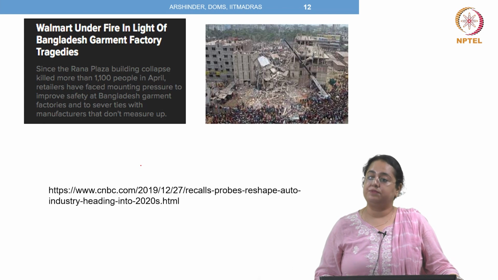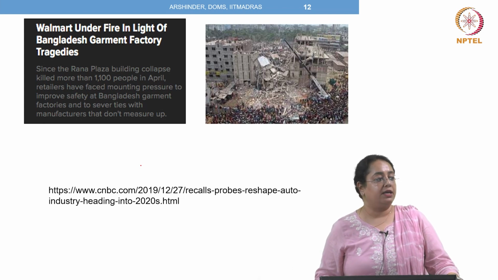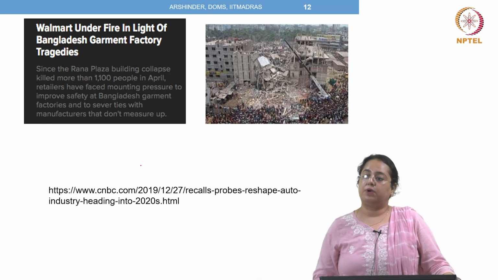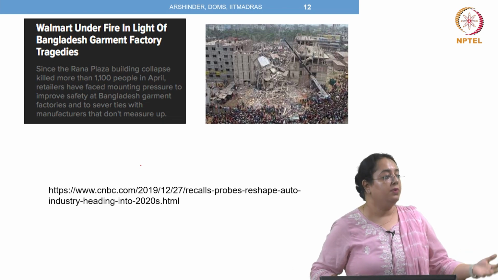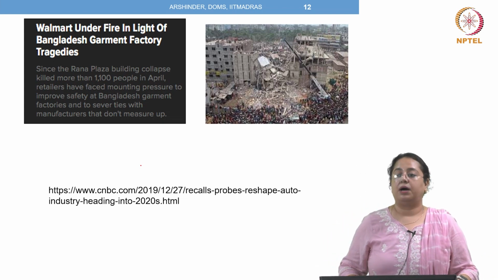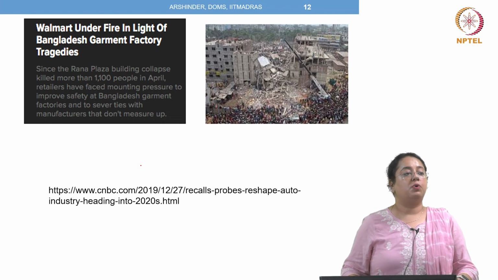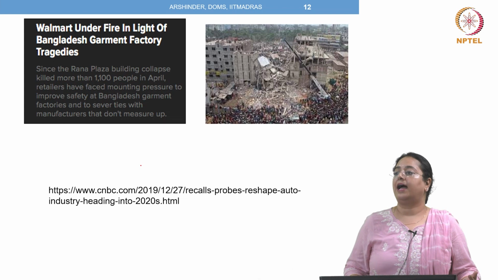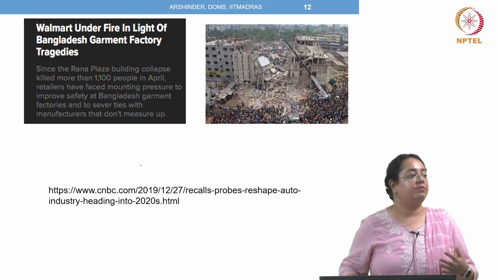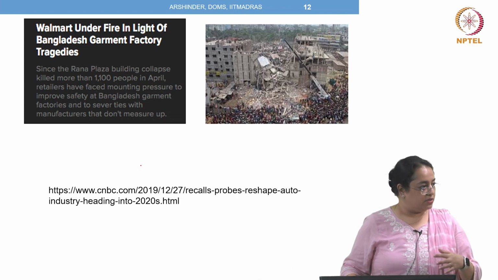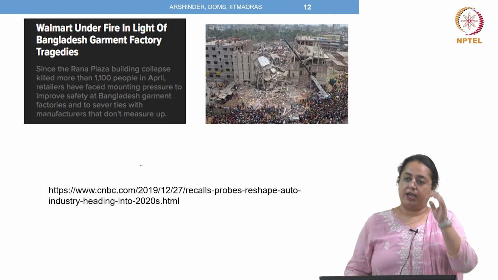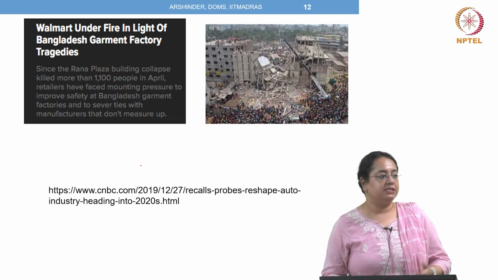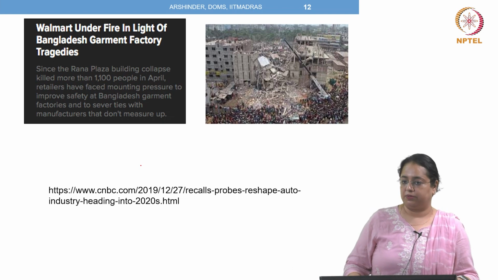A few cases we have seen in the past, like, very reputed companies' products were boycotted when some fire broke out in Bangladesh, right? So the end consumers were not happy because the safety norms were not followed, which was the reason for the fire, right?